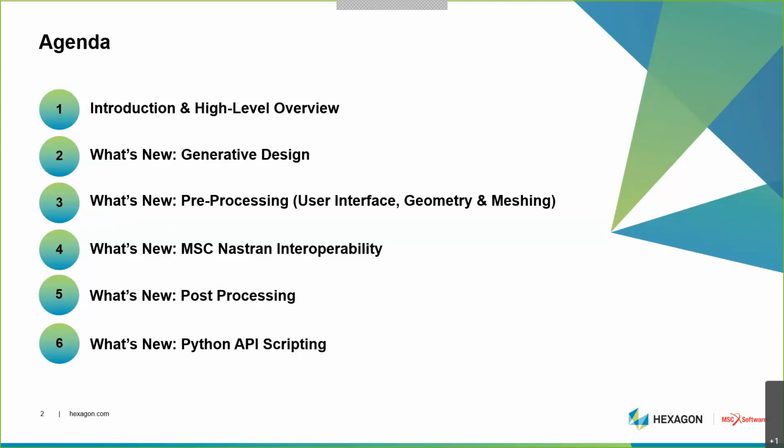But today's focus is specifically on Apex modeler and structures. Then we'll talk about the details of what's new inside of Apex pre-processing, inside of Apex modeler, as well as MSC Nastran interoperability. And then finally, we'll finish up with what's new in post-processing, as well as what's new in the Python API scripting capabilities.